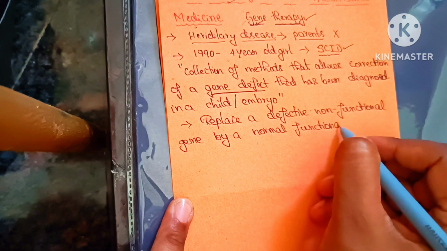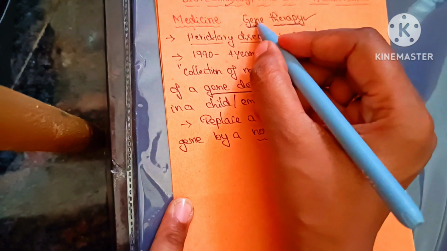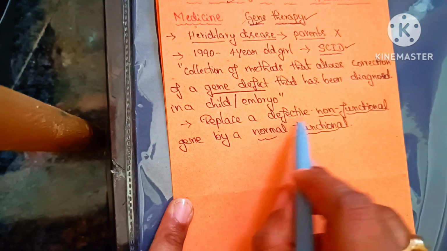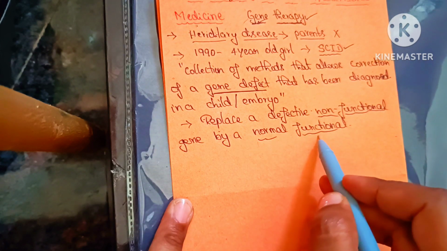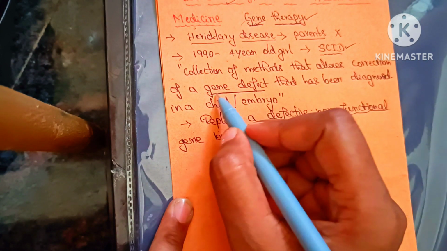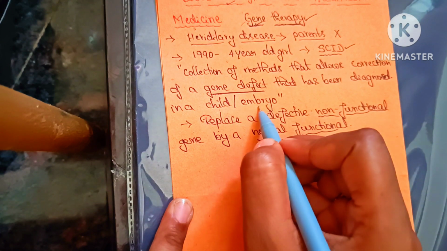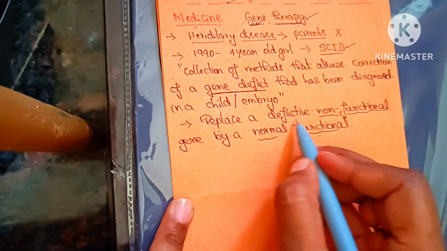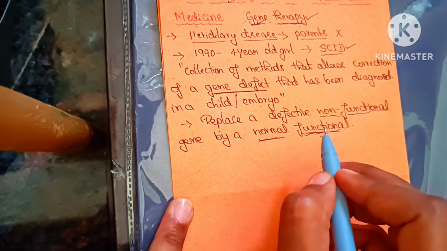So this is a very simple way to understand gene therapy. Gene therapy is a replacement of a defective non-functional gene by a normal functional gene, which means if there is a gene defect identified in a child or an embryo, using gene therapy, that defective gene is replaced by the normal functional gene.